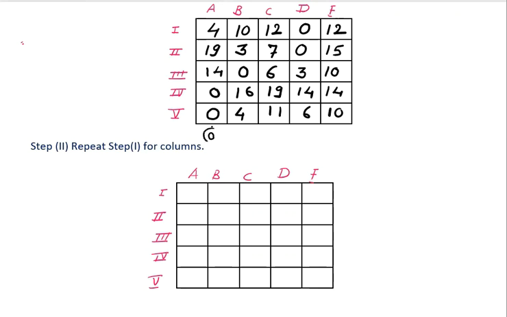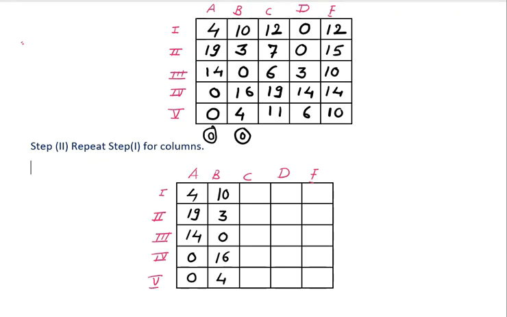The elements are 4, 19, 14, 0, 0. In the second column, the smallest entry is 0, so the numbers stay the same: 10, 3, 0, 16 and 4.